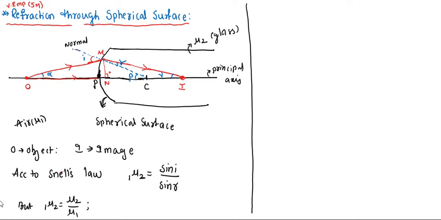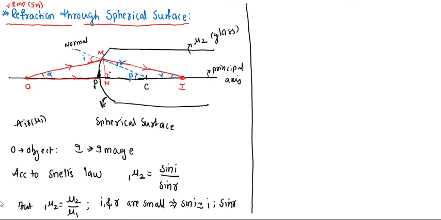And one more point: if I and R are small, we can write sin I as I only, and sin R as R only.